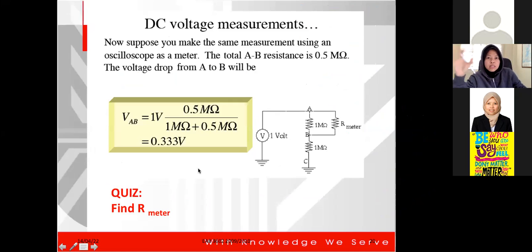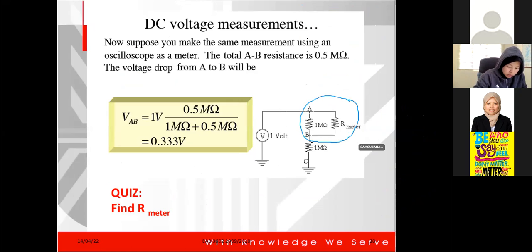Okay, now there is another one, let's try again. Now suppose you make the same measurement using an oscilloscope as a meter. The total AB resistance here is 0.5 megaohm.